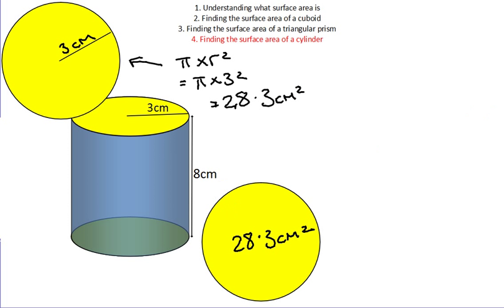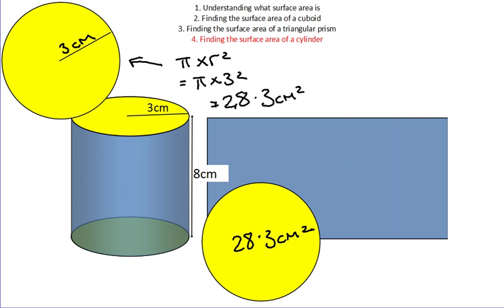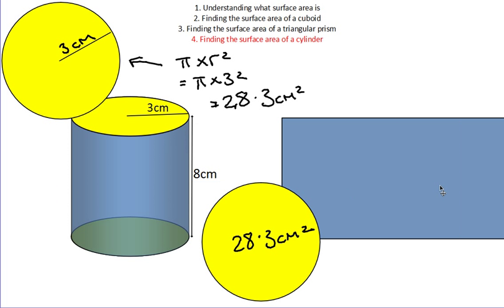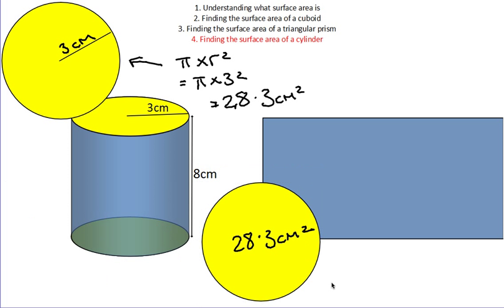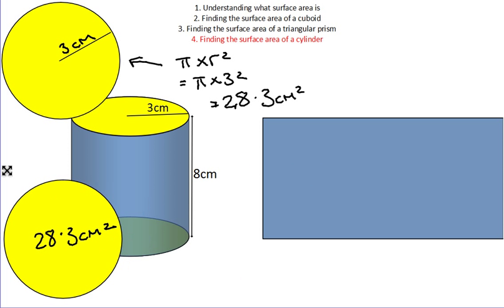Now, thinking back to what we said about the outside of the cylinder, to work out the surface area of this face, we need to think about laying out, if it was like a label around a tin, laying that out flat, which would be like a rectangle. So if we pull this label out, we need to work out what the area is of this rectangle.